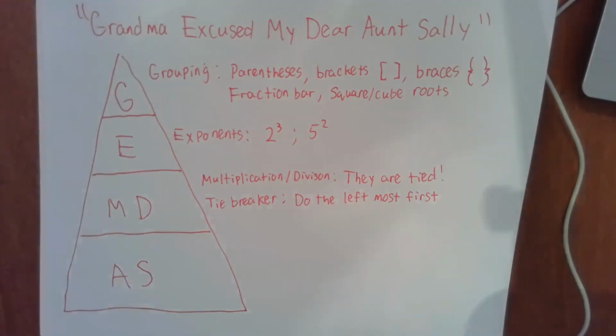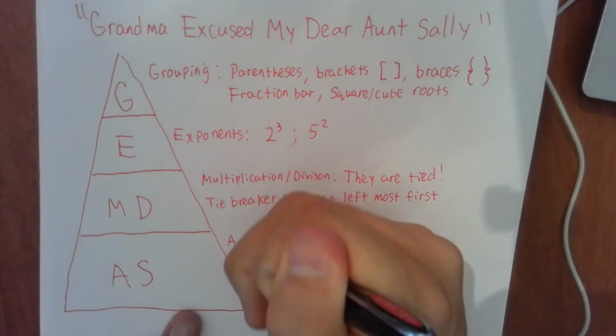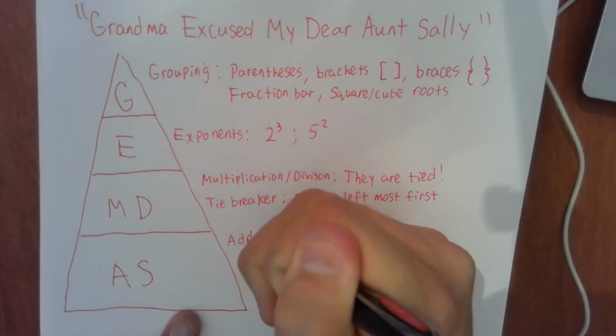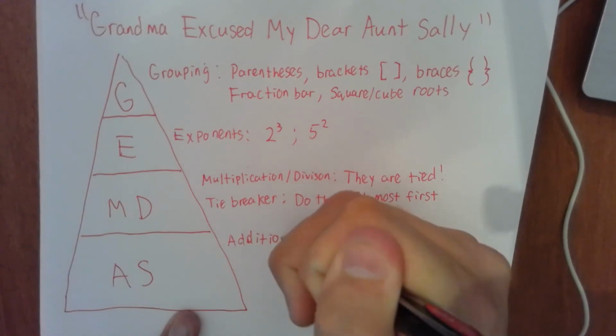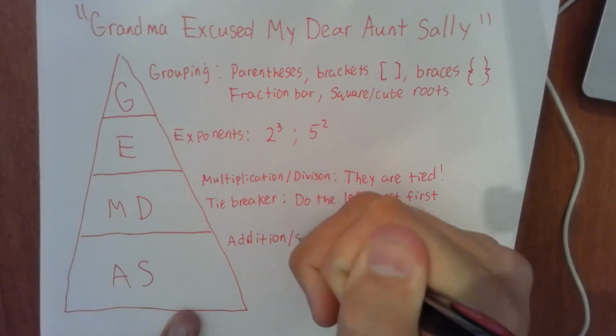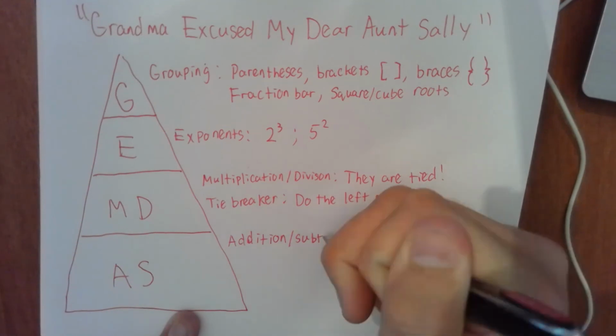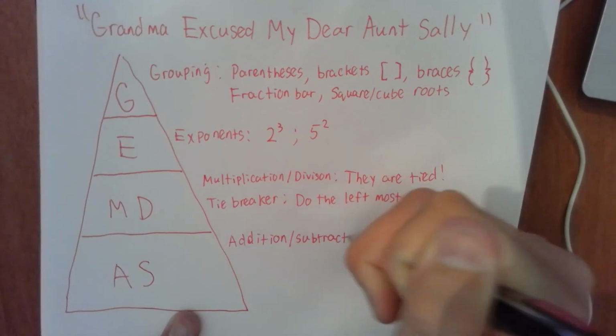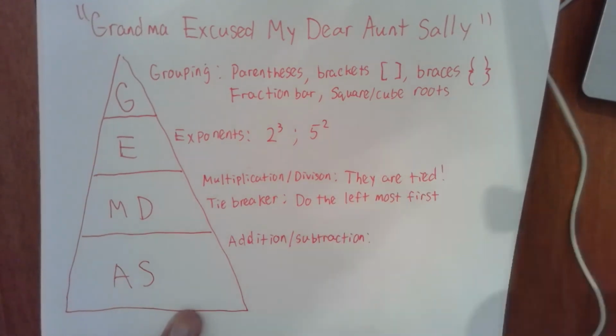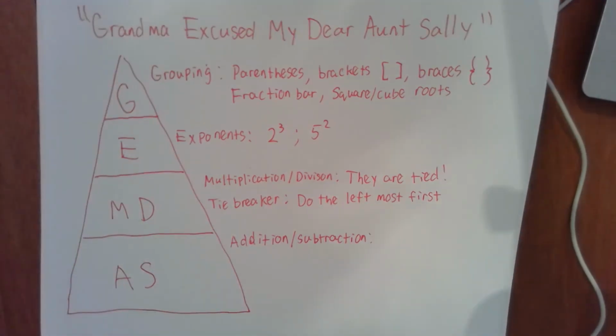Okay, last one is addition and subtraction. They're last in line. Wah, wah, wah. Okay, so guess what I'm going to write after addition and subtraction? Anybody already know what I'm going to write?